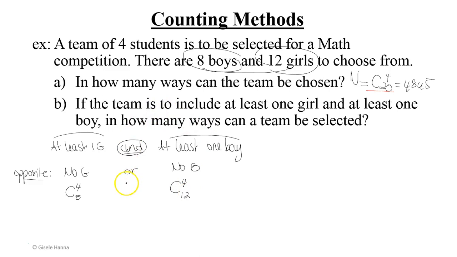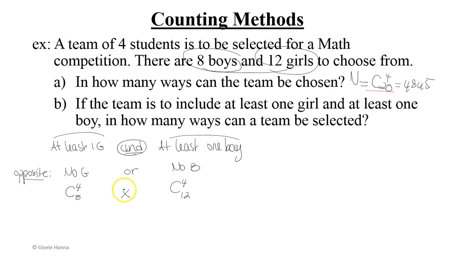Now, when it comes to the operation, it says an or here. So over here, should I be multiplying these 2 combinations in order to determine the cardinal of the opposite event? Well, in fact, no, because when you multiply, for example here, if I multiplied these 2 combinations, I would in fact in the exercise be selecting 8 students, because these 4 combinations would actually form one possibility, one team.